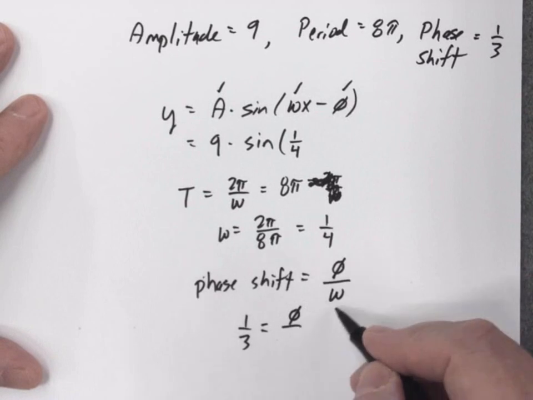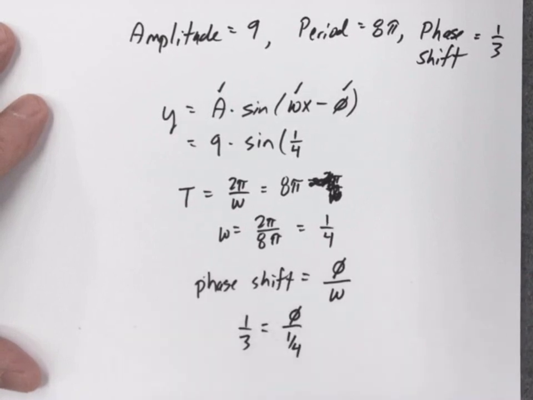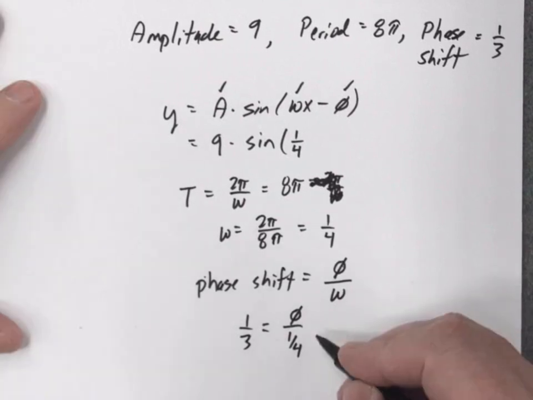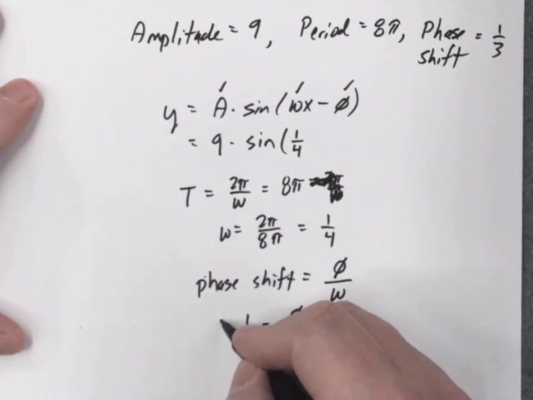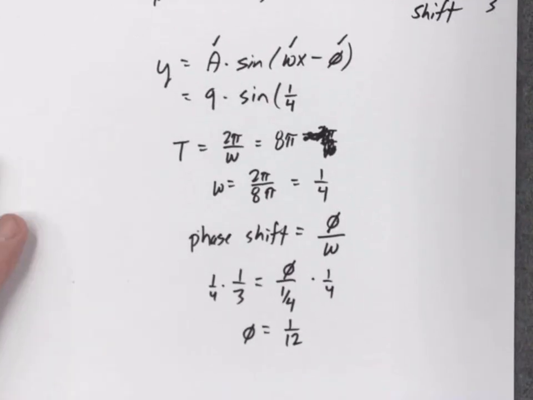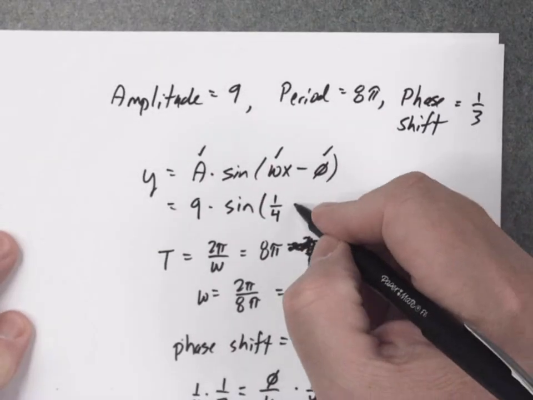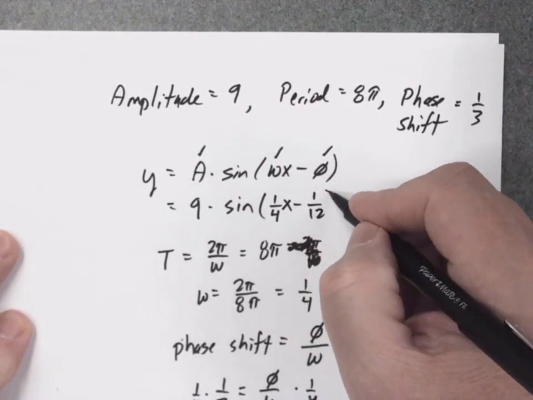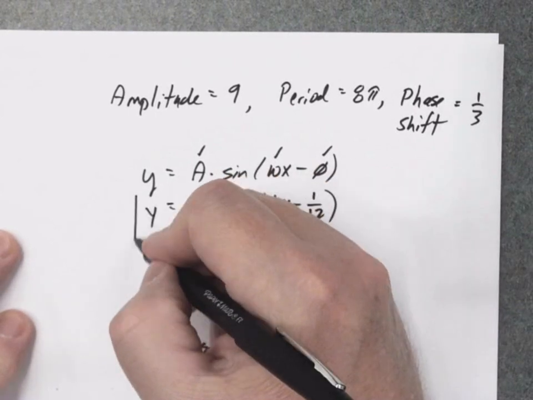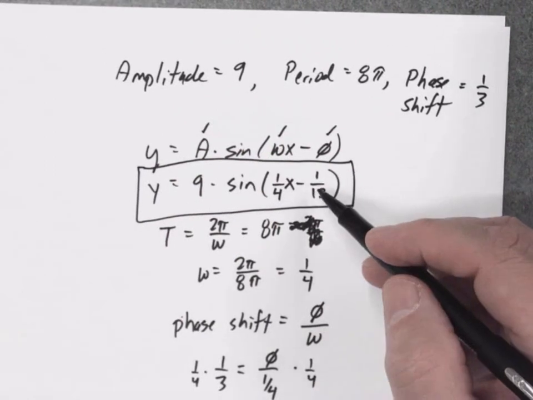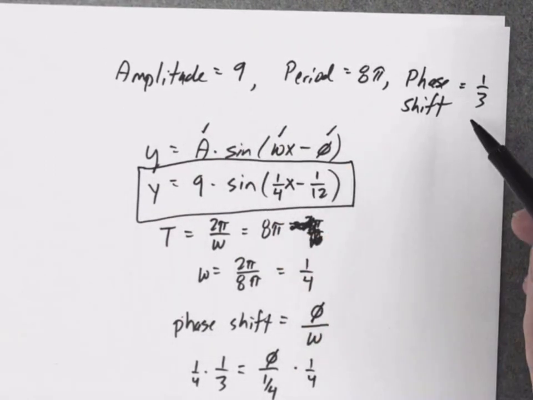We don't know phi, but we know omega is 1/4. If I want to solve for phi, I'll multiply both sides by 1/4, and you get phi equals 1/12. So I put it in up here, and there's the equation of the trig graph with these characteristics.